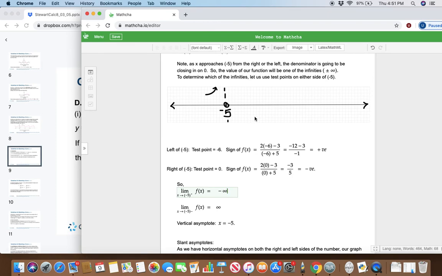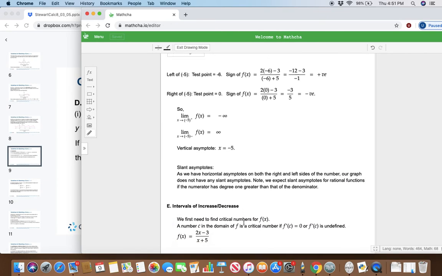In other words, whatever my picture does in the middle, when I go close to -5 from the right, I'm going to go to negative infinity. Remember that. So this vertical asymptote I do have at -5. A vertical asymptote is a line. A vertical line is given by x equals some number. What is that number? -5. So you have a vertical asymptote.